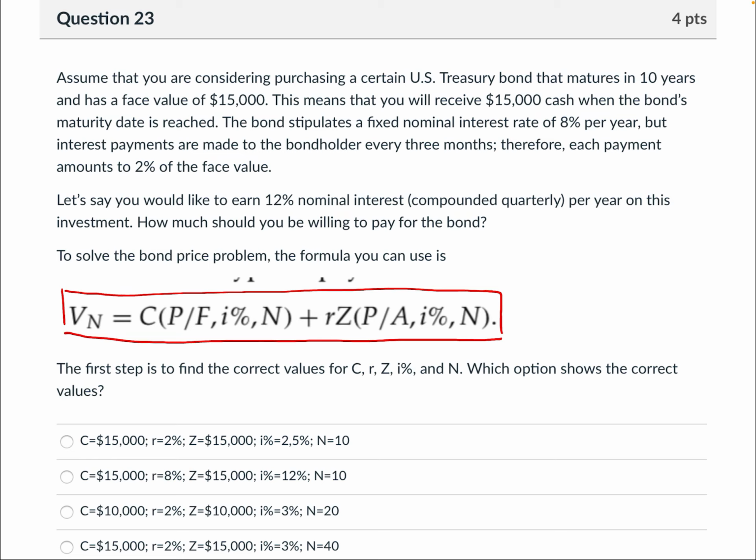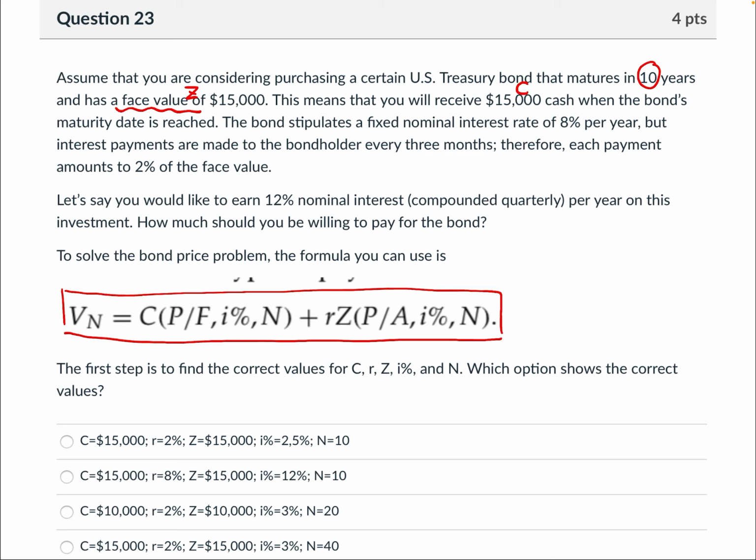So let's just read through this statement. Assume that you are considering purchasing a certain U.S. Treasury bond that matures in 10 years, okay? That is number of years, and has a face value of 15,000. Face value is Z. This means that you will receive 15,000 cash when the bond's maturity date is reached.